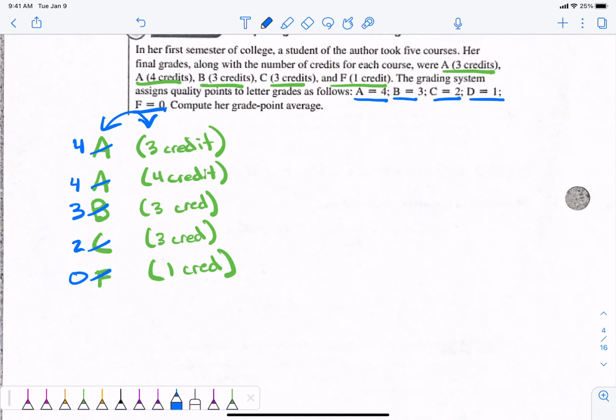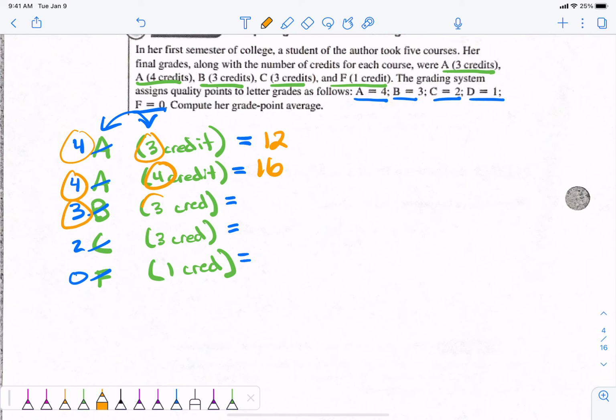Okay, good? All right, so we would do 4 times 4. Actually, let's just go across here. Equals, equals, equals, and we'll add them up. 4 times 3 is 12. She's getting 12 points for that first class. 4 times 4, she's getting 16 points for that second class. 3 times 3 is 9. 2 times 3, 6. 0 times 1.